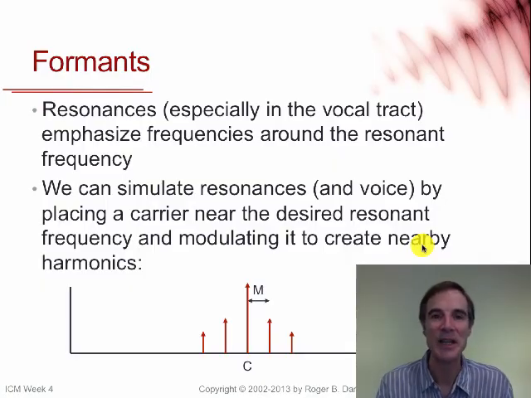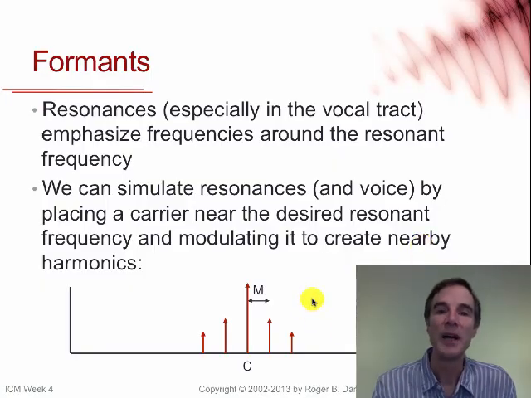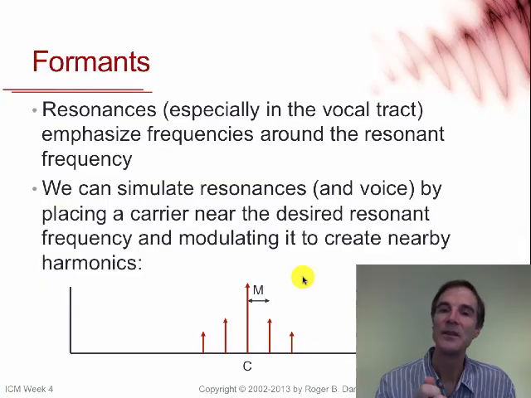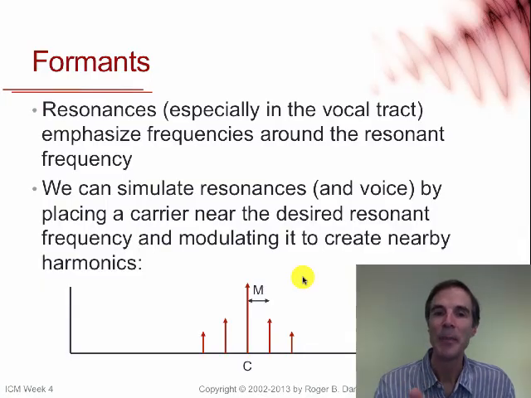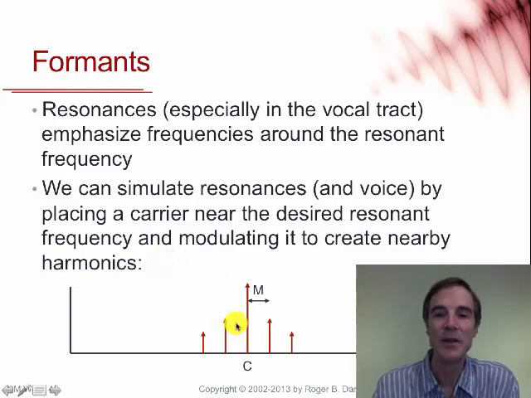We'll learn a lot more about this later. The point now is that FM can simulate resonances by placing a carrier near the desired resonant frequency and then modulating it to create nearby harmonics.